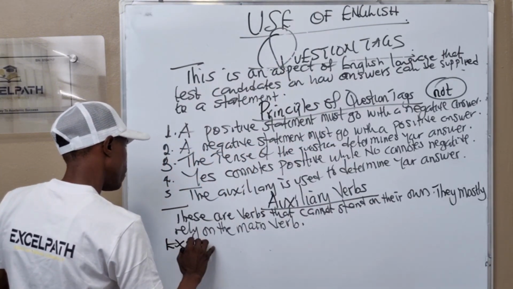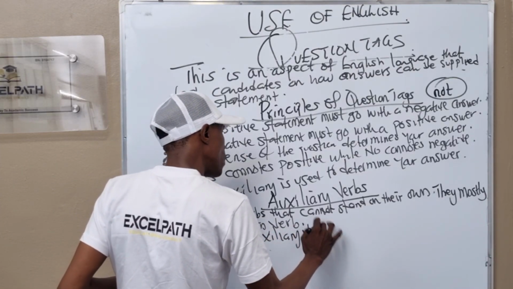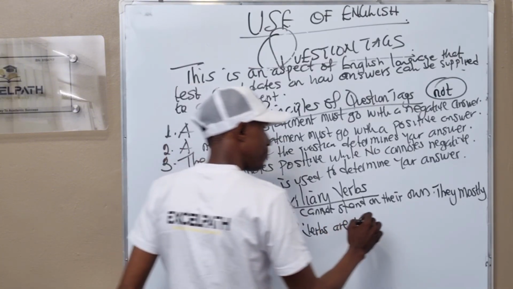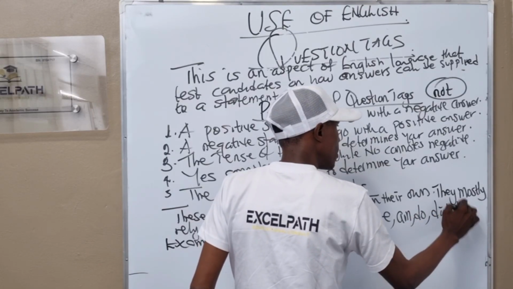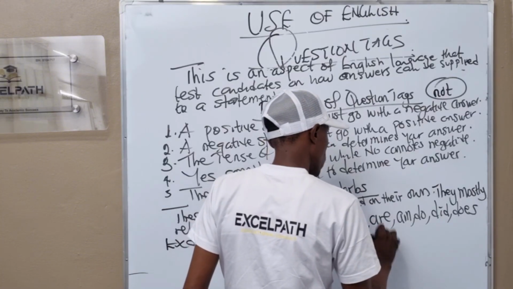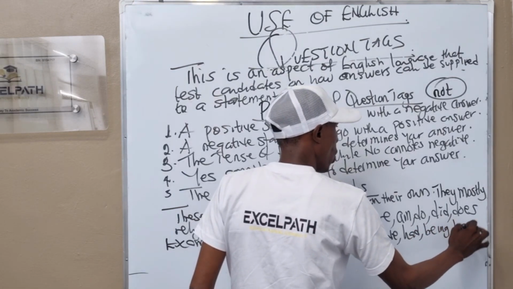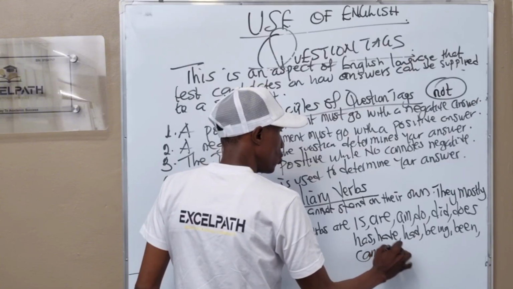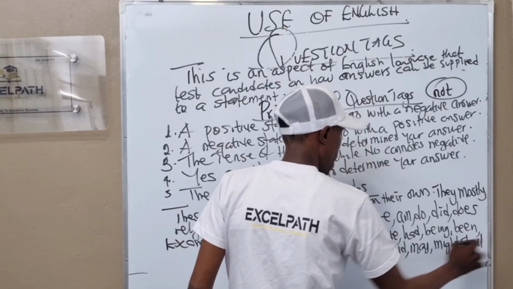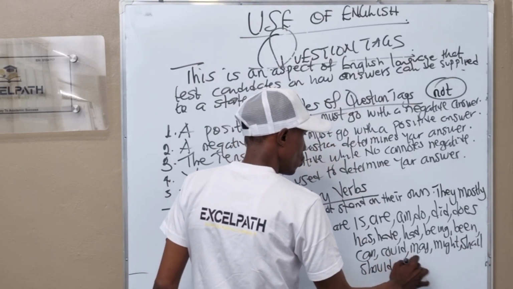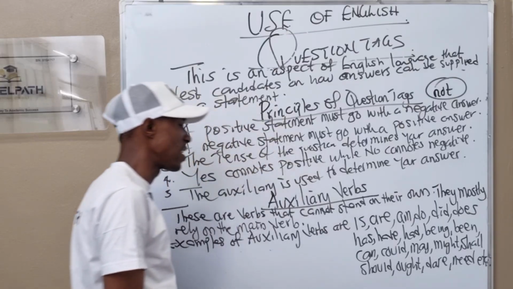So, examples of auxiliary verbs are your is, your are, your am, your do, your did, your does, your has, your have, your had, your been, your can, your could, your may, your might, your shall, your should, your ought, your dare, and your need, etc. These are the major ones.